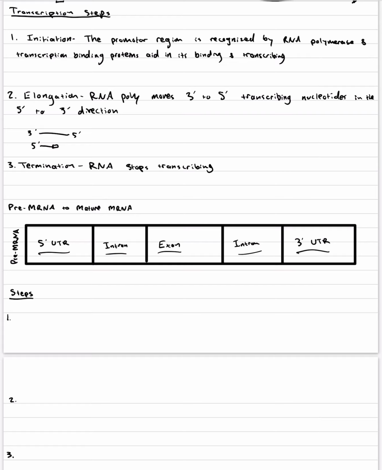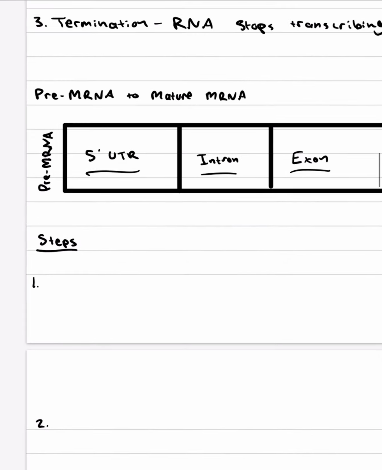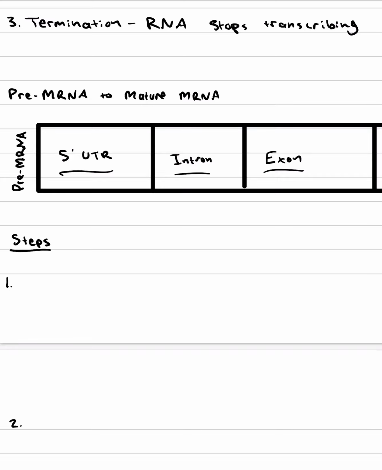It does not have nearly enough protection, and what's going to happen is it might disintegrate on the way out and just break apart, and then you won't have a gene to be able to translate into a protein. So a variety of steps occur in order to ensure that that can occur. The first step is the 5' capping.